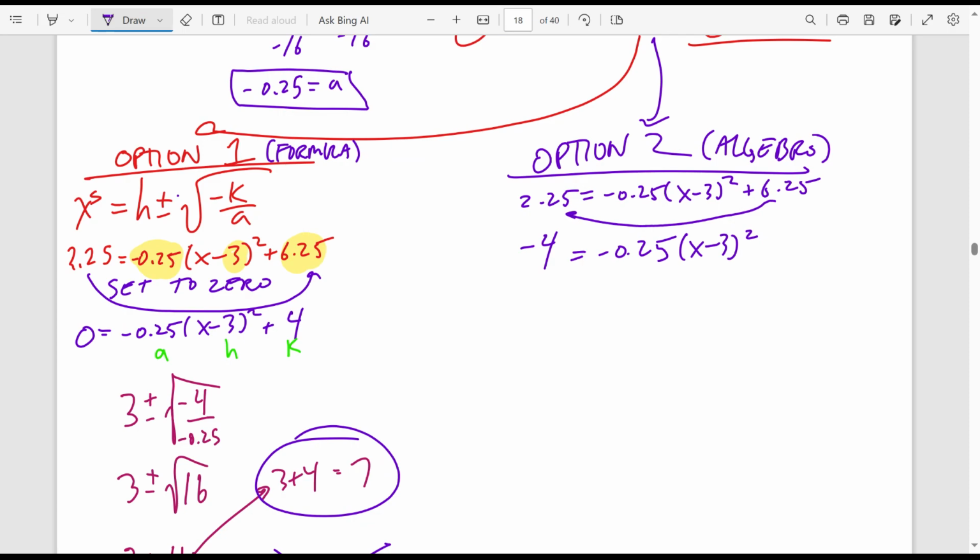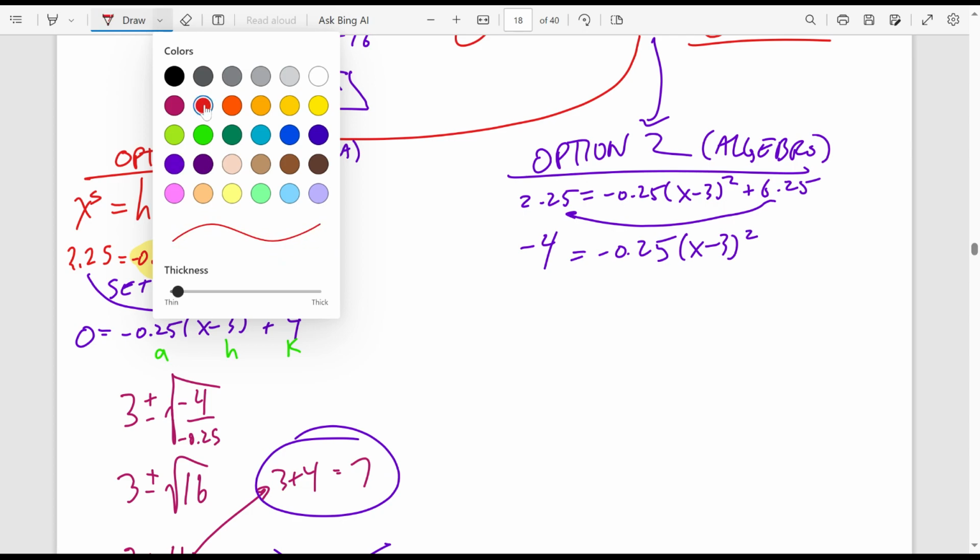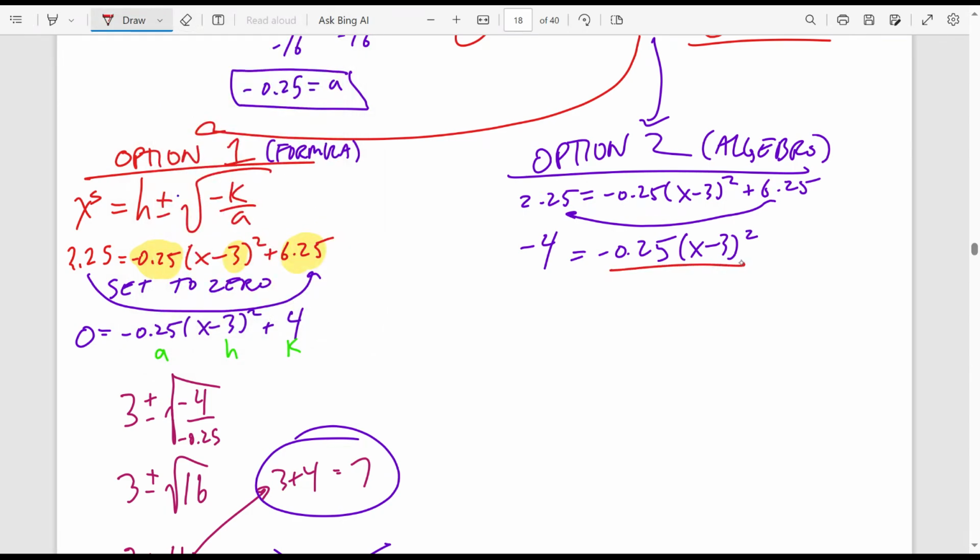Now this is what I'm left with. The next stage, again, I'm working my way in towards the x minus 3 squared. My goal is to try and isolate for that right there. Because that's the ugliest part of this question right now. So I am going to divide both sides by negative 0.25. 16 is equal to x minus 3 squared.